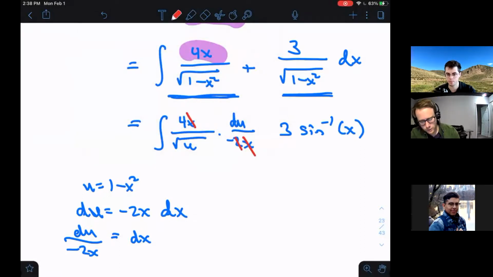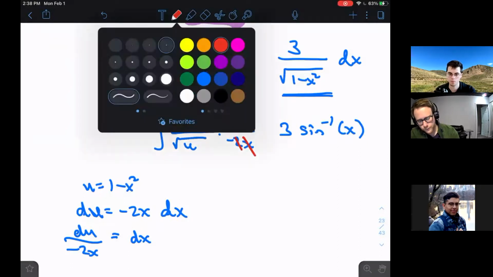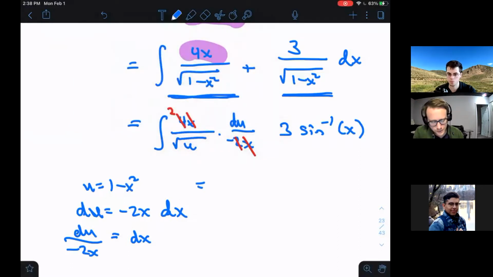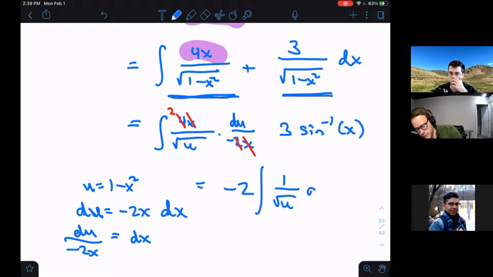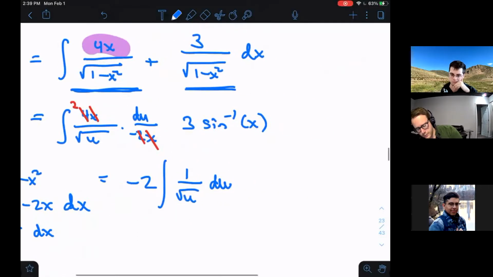We can see there's a 2 that cancels. And so what I'm left with, let's see, we have a 2 left in the numerator. We have a negative in the denominator. Of course, when you divide by negative, this is just going to make the result negative. So I can maybe factor that out or pull it out of my integral. And then this becomes the integral of 1 over square root of u, so 1 over square root of u du, and plus, we already have this bit done.